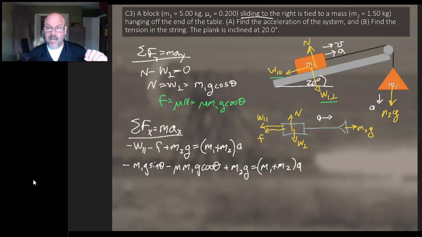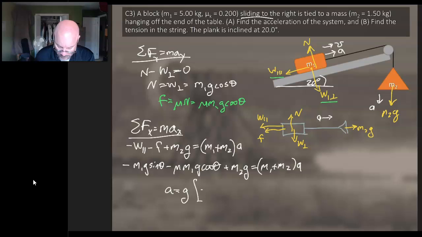You should do it yourself so that you can be confident in how it happens, in case you have to do something like this on the test especially. But what we're going to get is that a is g times M2 minus M1, and then sine theta plus mu cosine theta, and all that's over M1 plus M2.